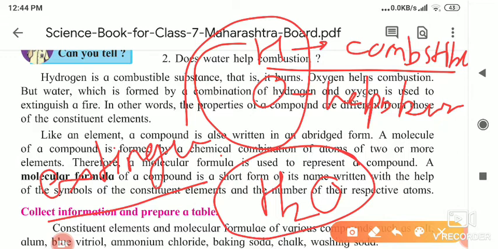So in other words, the properties of hydrogen and the properties of oxygen totally change when they combine with each other. So from this, at the time of formation of a compound, the original properties of the substances are changing.